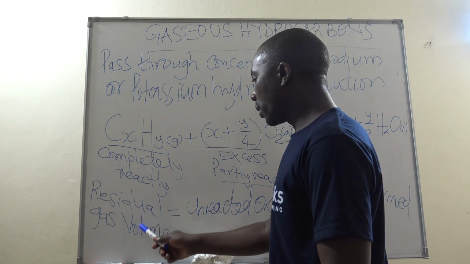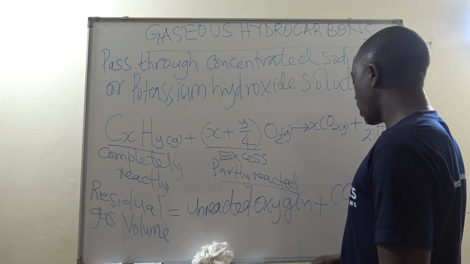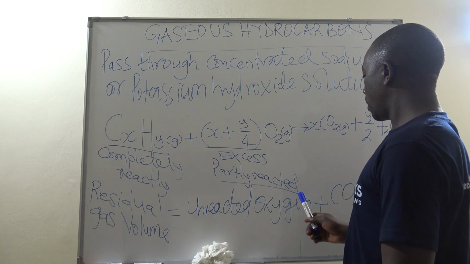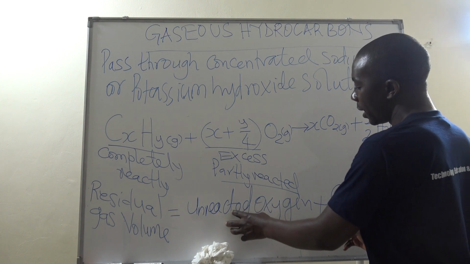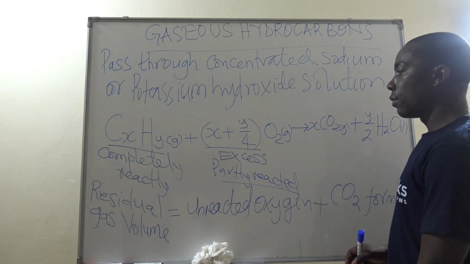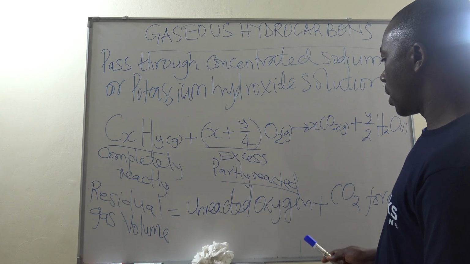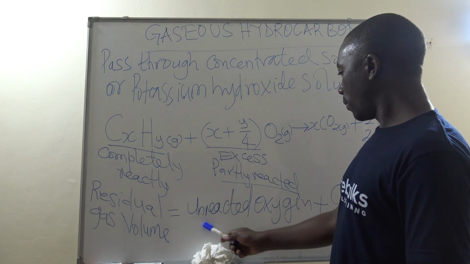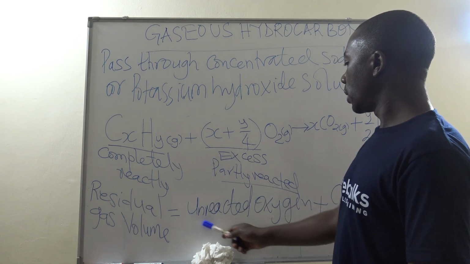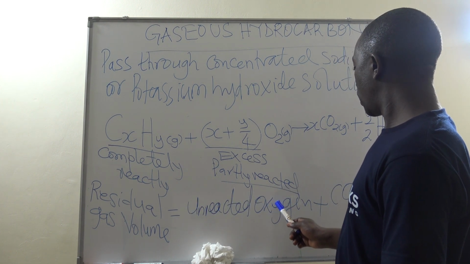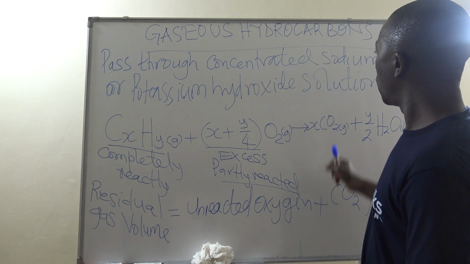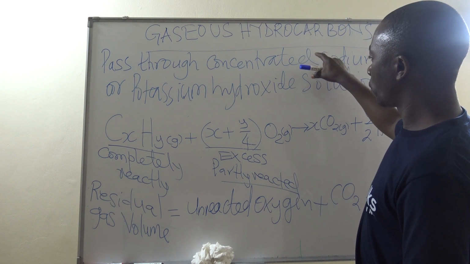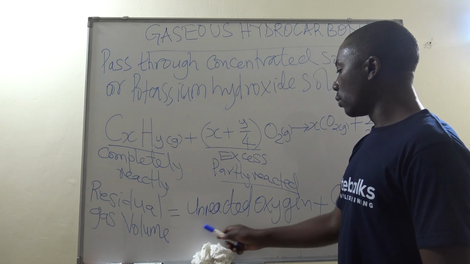So if the residual gas volume is known and it reduces by a given amount, then the remaining volume of gas is the volume of unreacted oxygen gas. So we can obtain the volume of unreacted oxygen gas by subtraction, because we shall have the residual gas volume, and when we pass it through potassium or sodium hydroxide solution, this volume reduces.